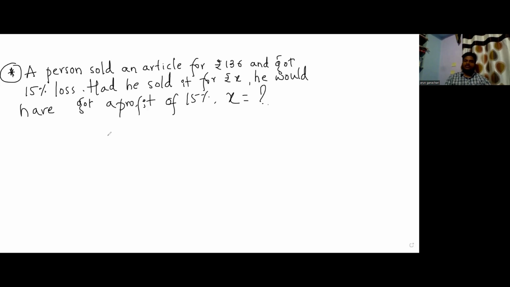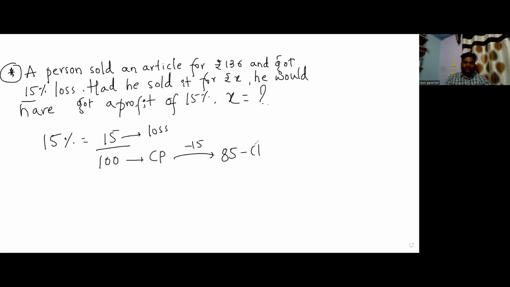First thing is you have to look for the number, percentage. It is given as 15%. You can take 15% as 15 by 100. 100 is cost price, 15 is loss. So if there is a loss, we have to subtract, and your selling price will become 85.